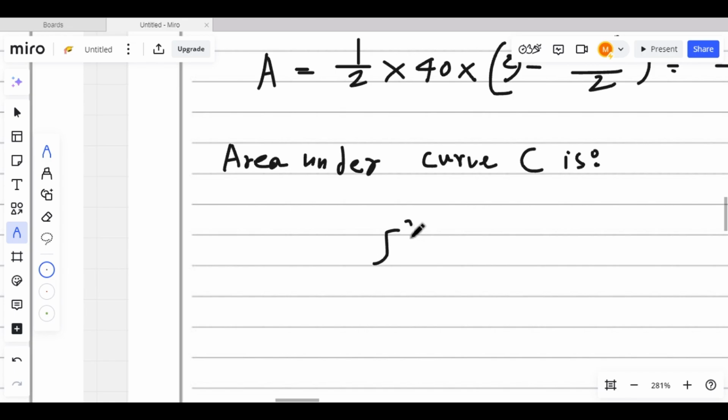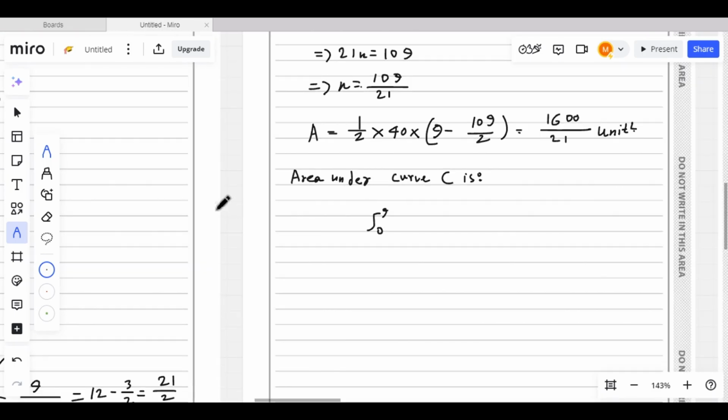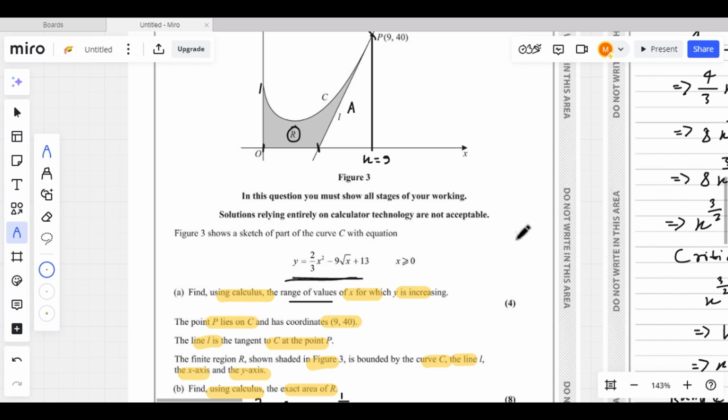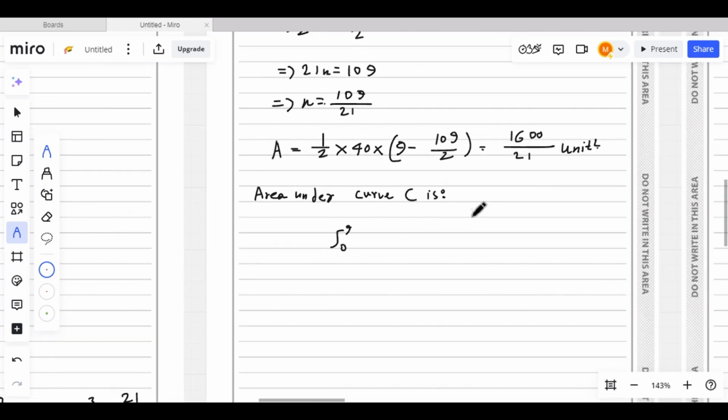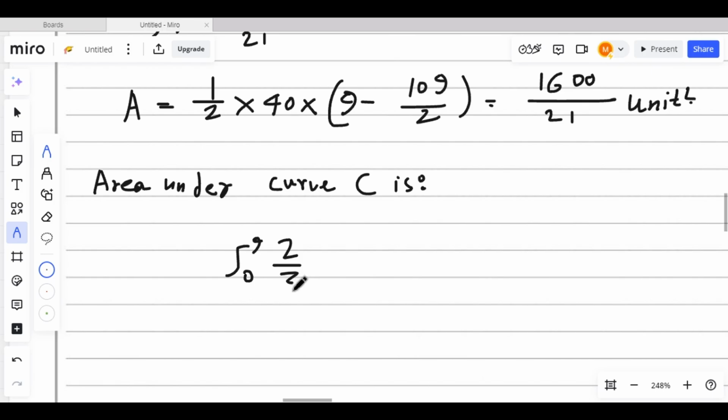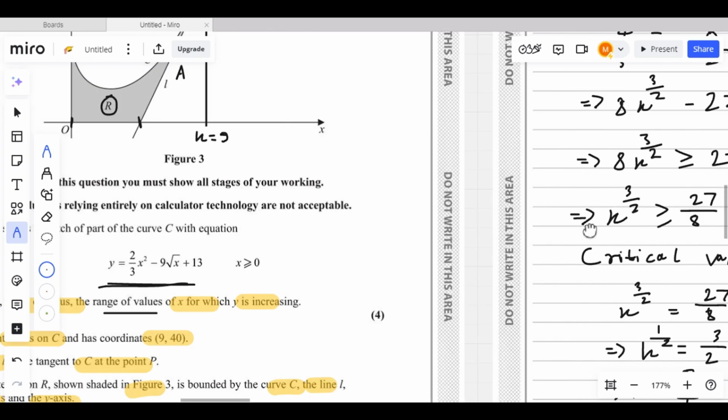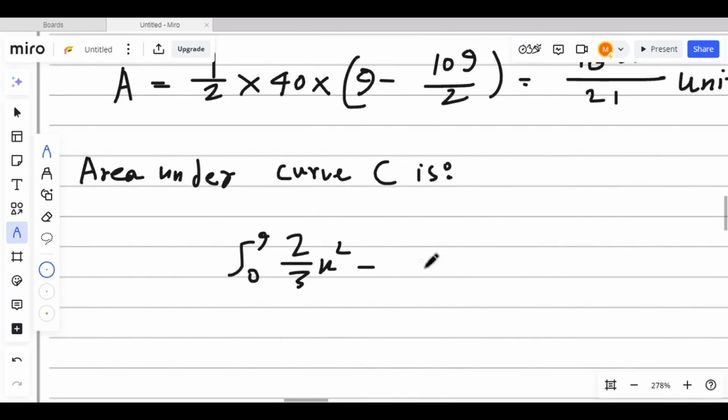Integration, upper limit should be 9, lower limit should be 0. What's the equation of curve C? 2 over 3 x squared minus 9 square root of x plus 13 dx.